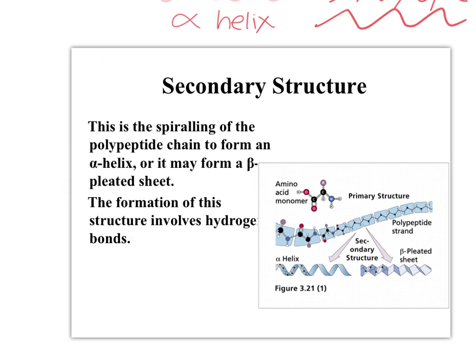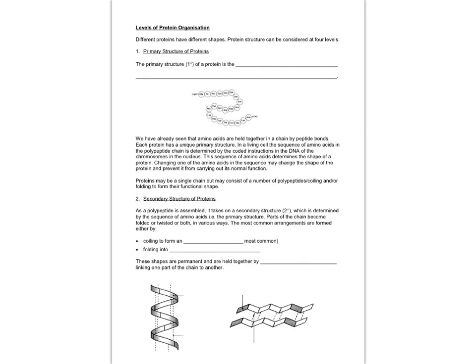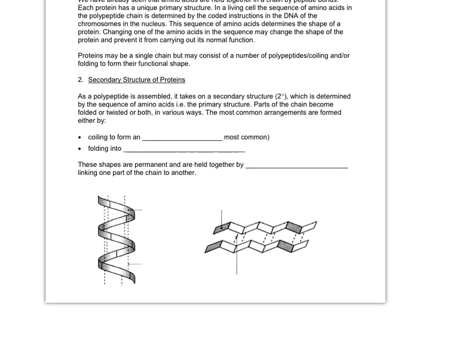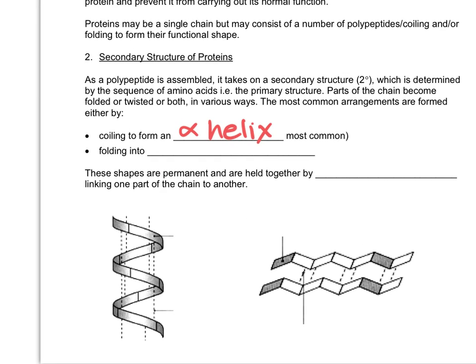Okay, so in terms of your notes, it could coil to form an alpha helix, and that's the most common secondary structure, or it could fold into a beta pleated sheet.